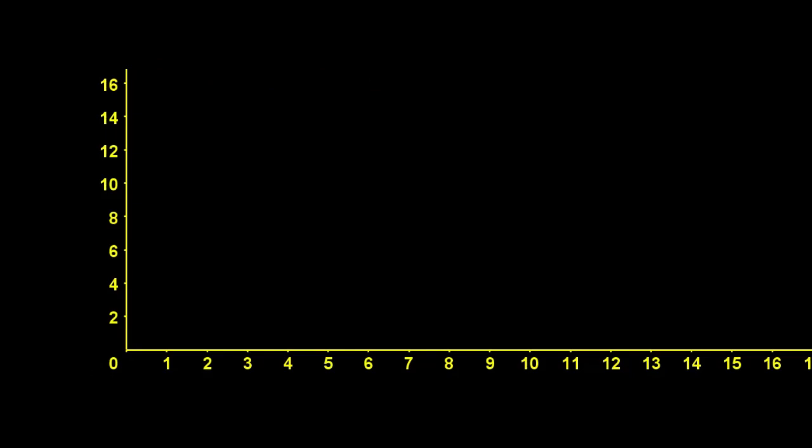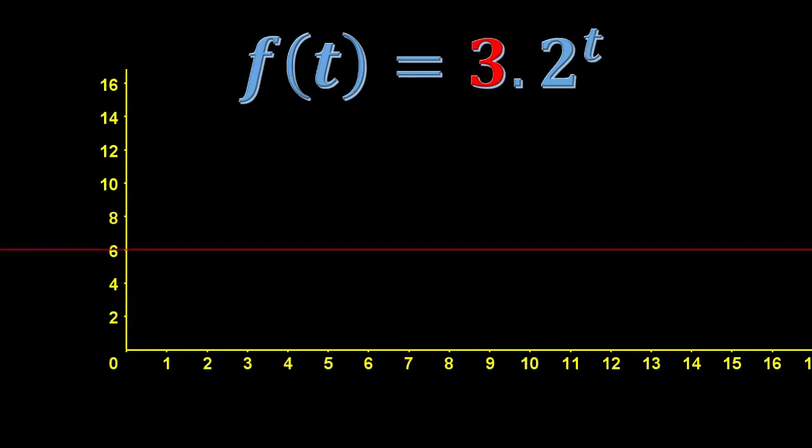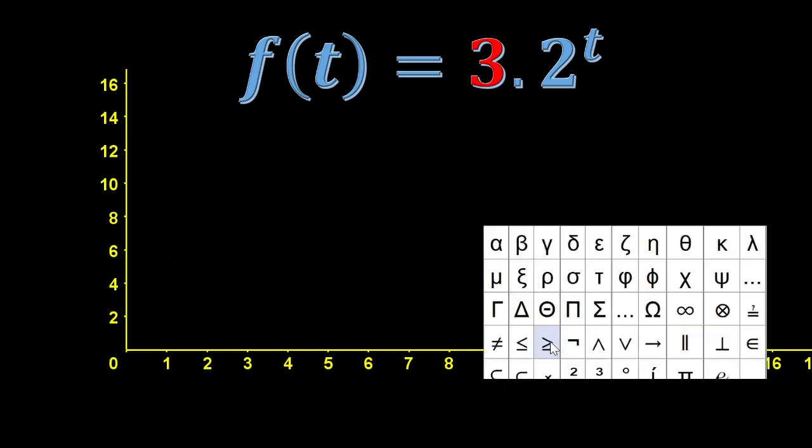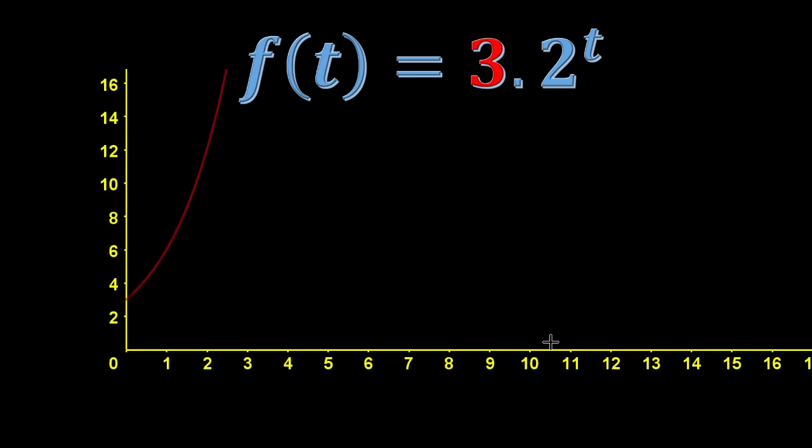So here we want to type f of t equals 3 times 2 raised to power t. Since t stands for time and needs to be greater than or equal to 0, we define that interval for t and condition t to be greater than or equal to 0.